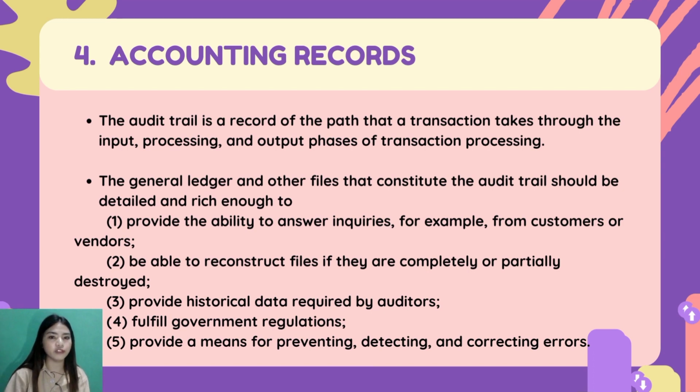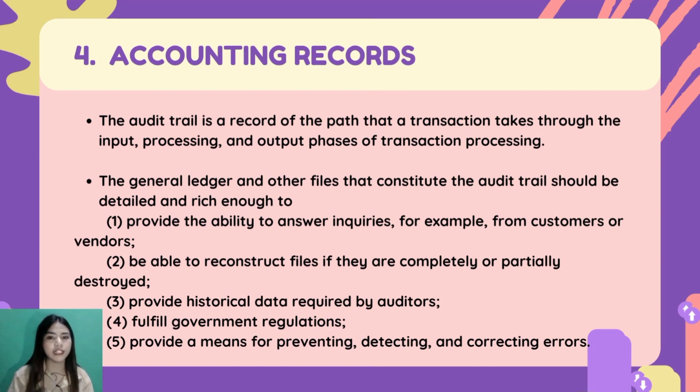So this involves a network of documents, journals, and ledgers designed to ensure that a transaction can be accurately traced through the systems from initiation to final disposition. So furthermore, an audit trail facilitates error prevention and correction when the data files are conveniently and logically organized.